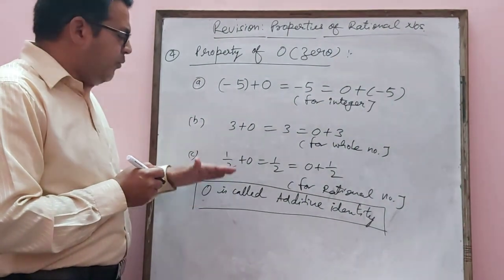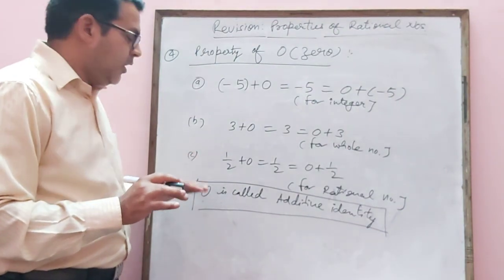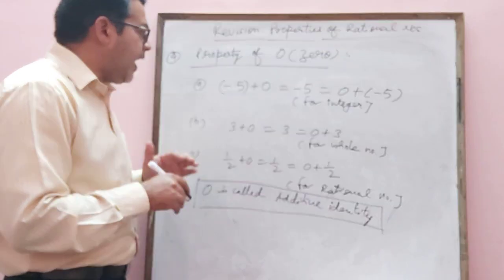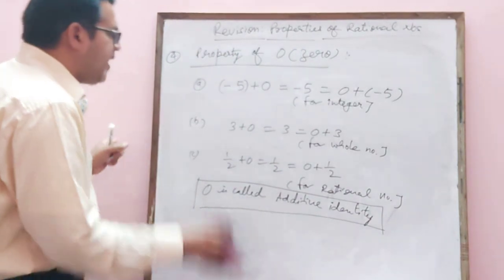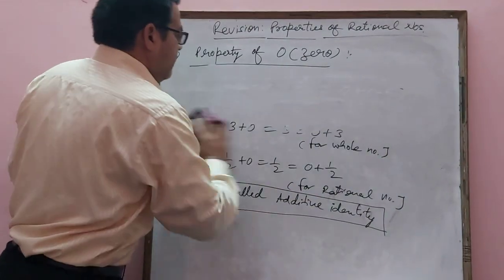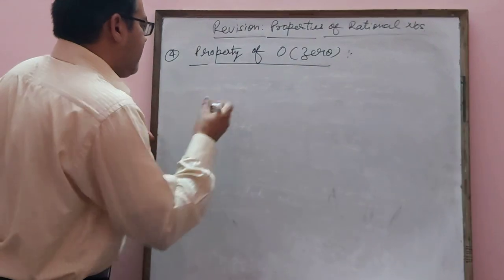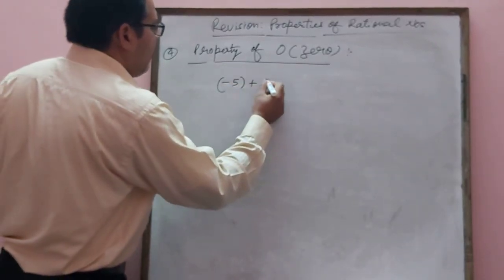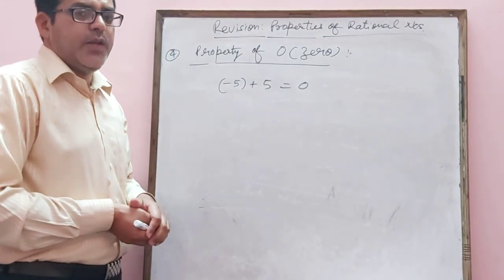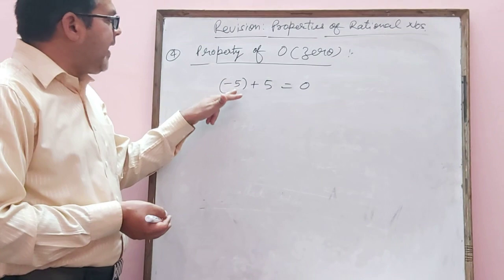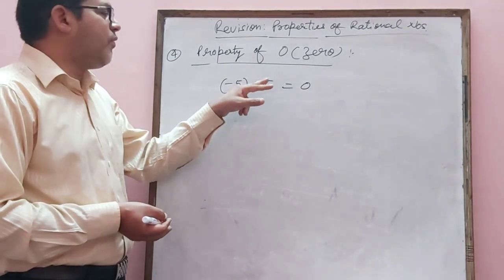It means if we add 0 to any number, the result is never changed. 0 is called the additive identity, and here we can see how, suppose minus 5 is there. If we add plus 5 to that, we'll get 0. You know very well.